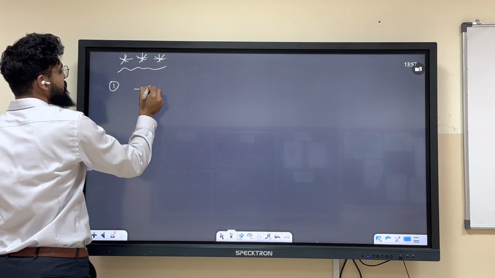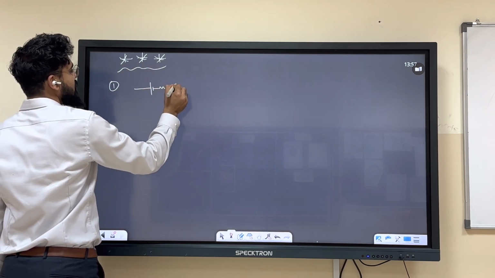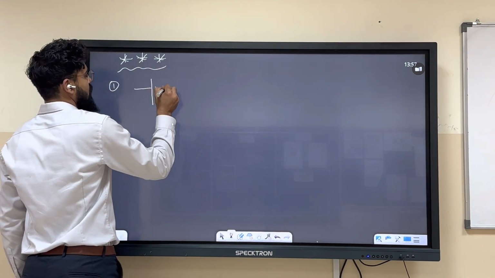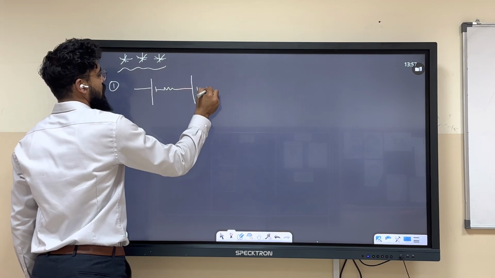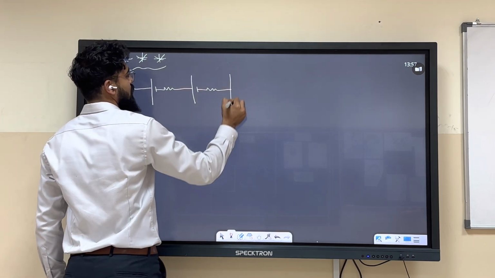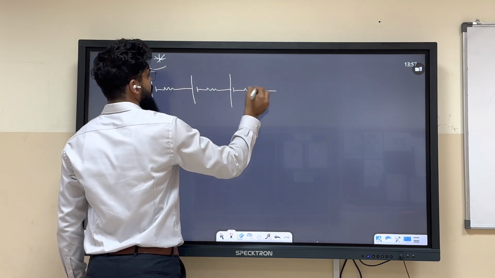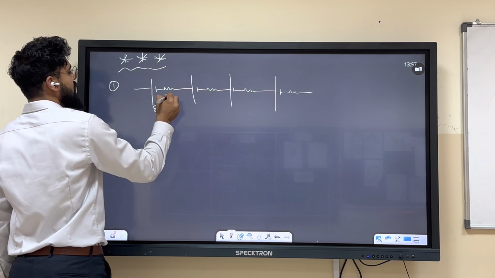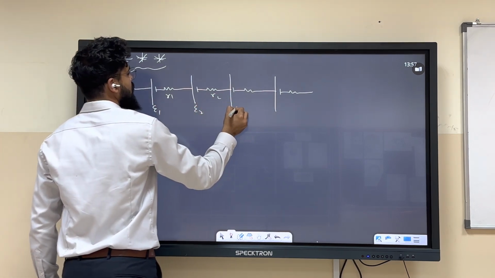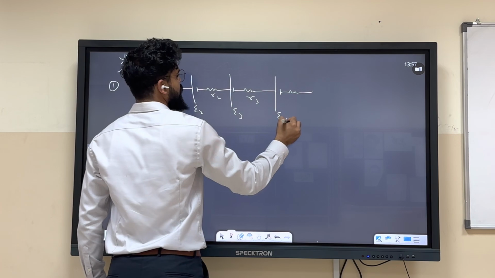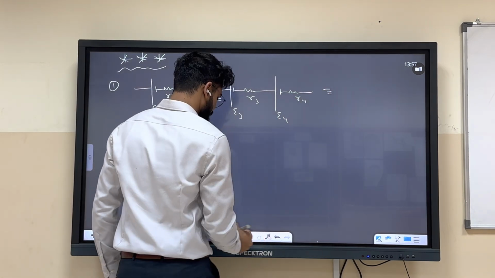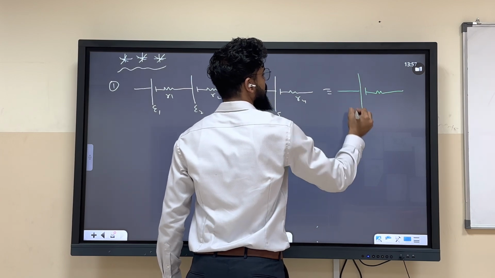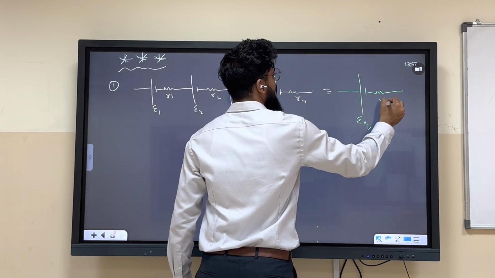So first thing, if you have cells, you are getting it, right? E1 R1, E2 R2, E3 R3, E4 R4. Then we just want this picture: E equivalent, R equivalent.